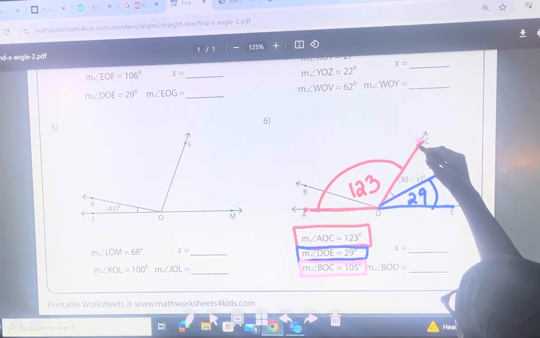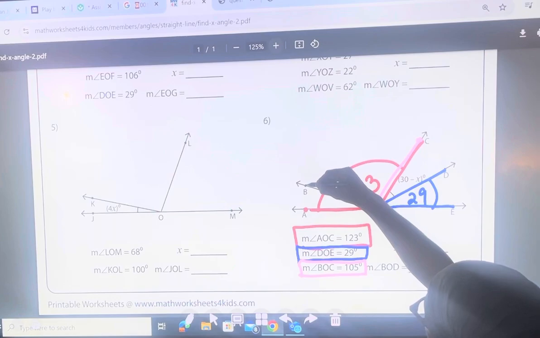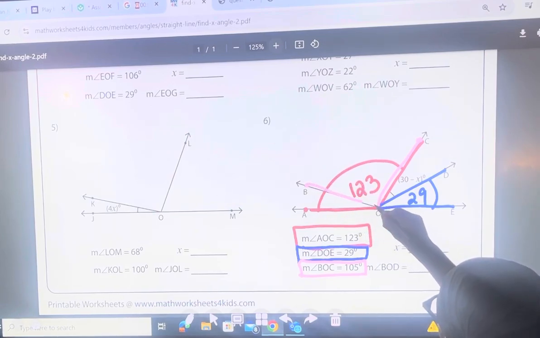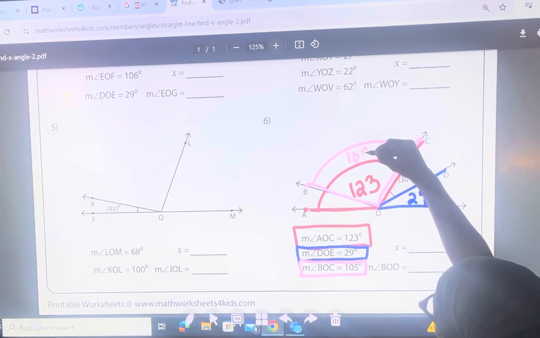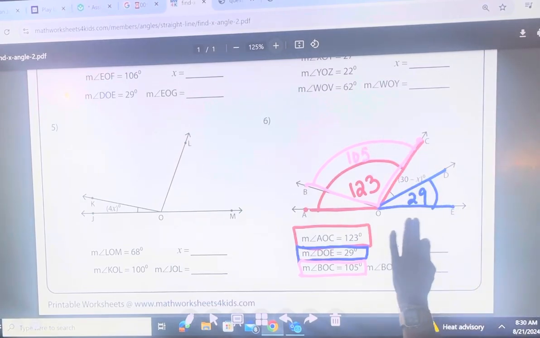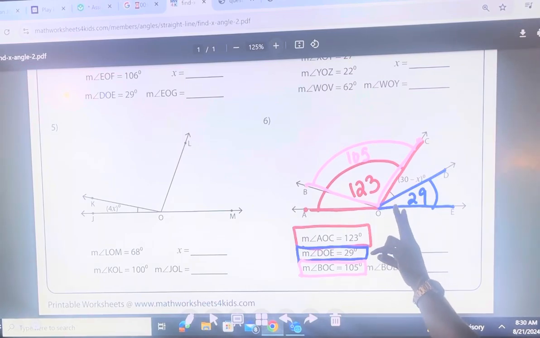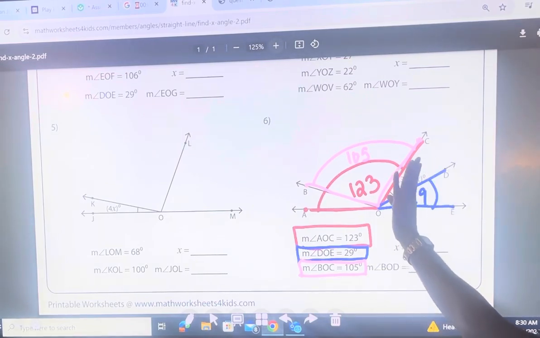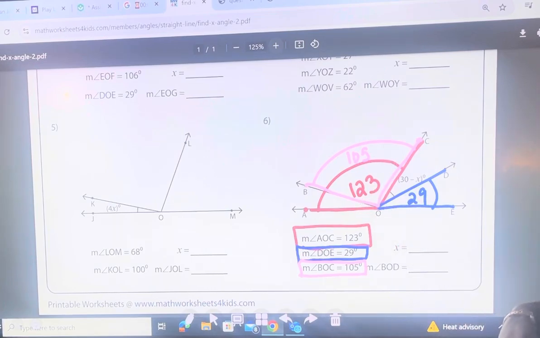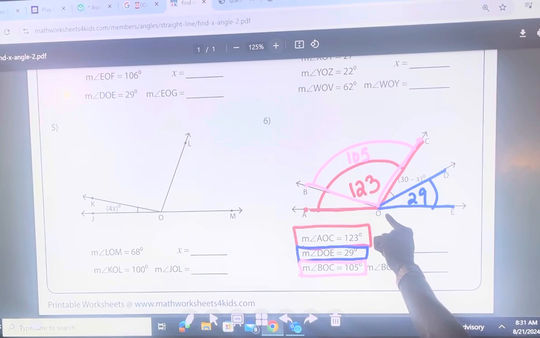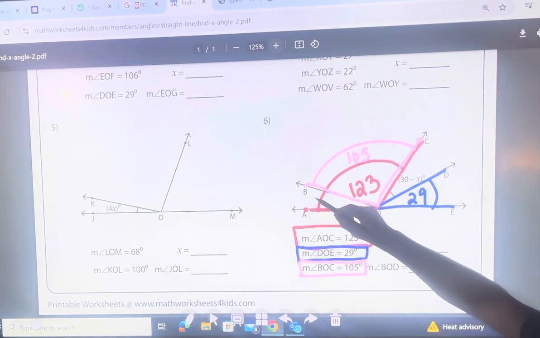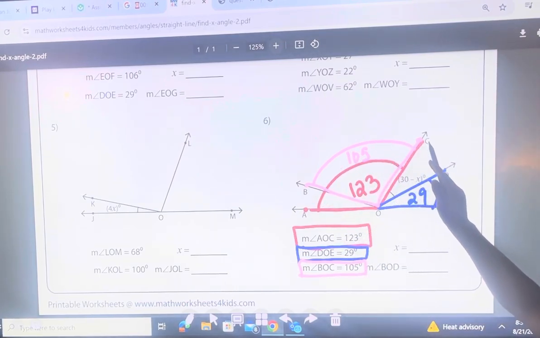So just from here to here, of that 123, this is 105. We can easily figure this one out. So to solve this, what do they want? BOD? Which one is BOD? From BOD. They want the 105. Okay.